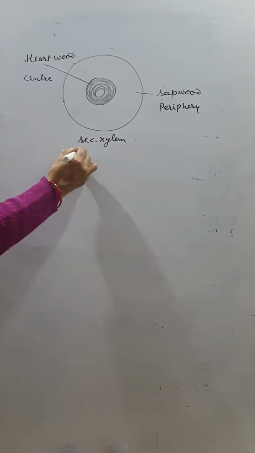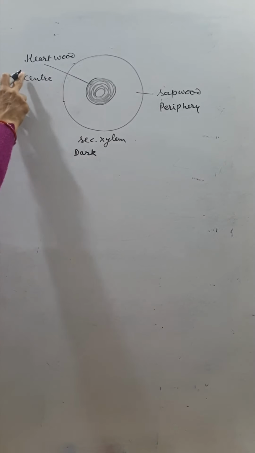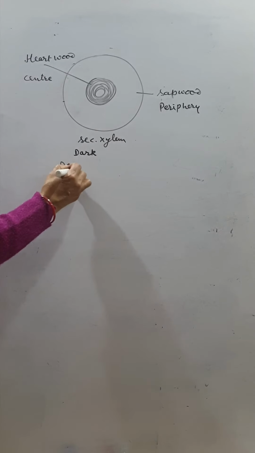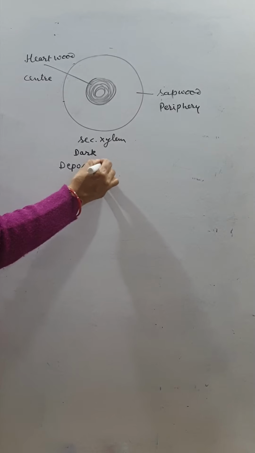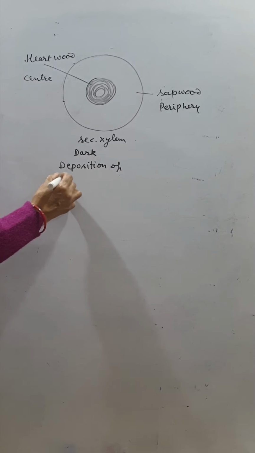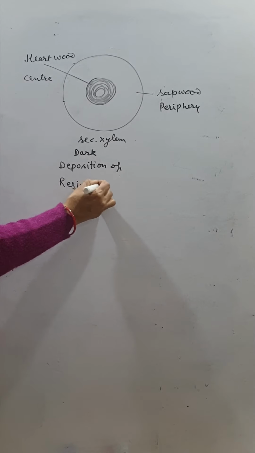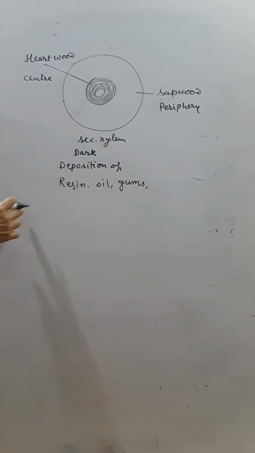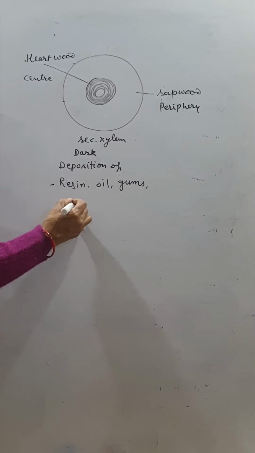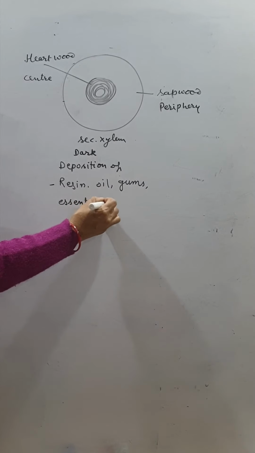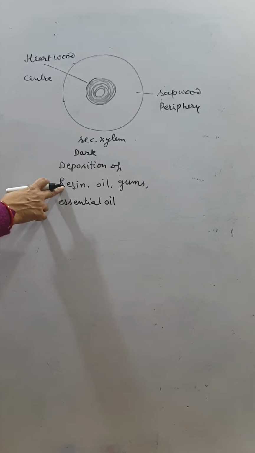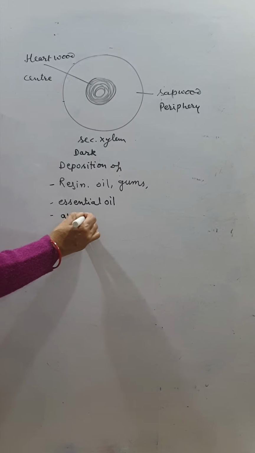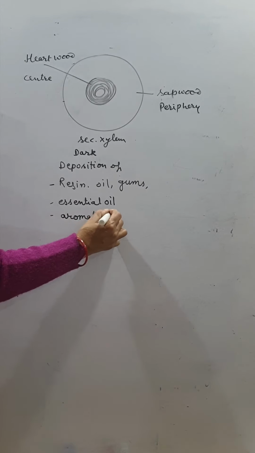The hardwood is dark in color due to the deposition of substances like resin, oil, gums, essential oils and aromatic substances.